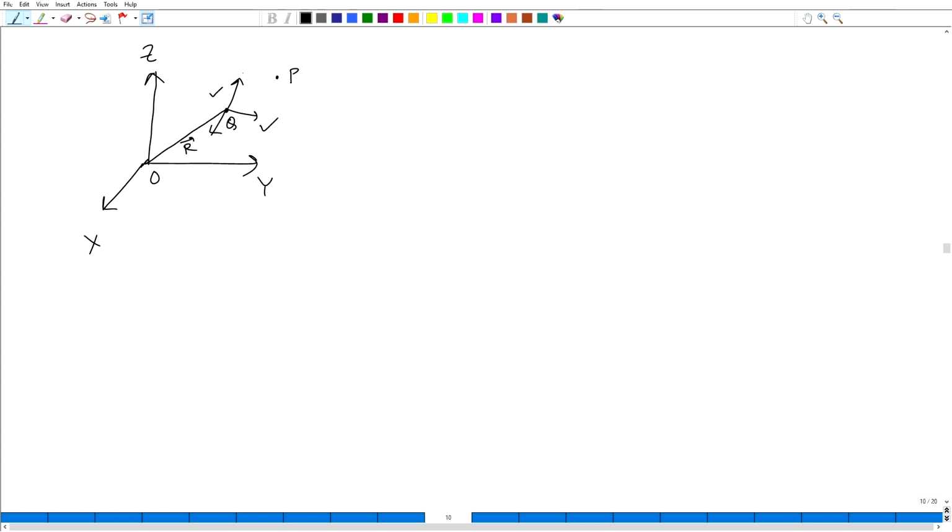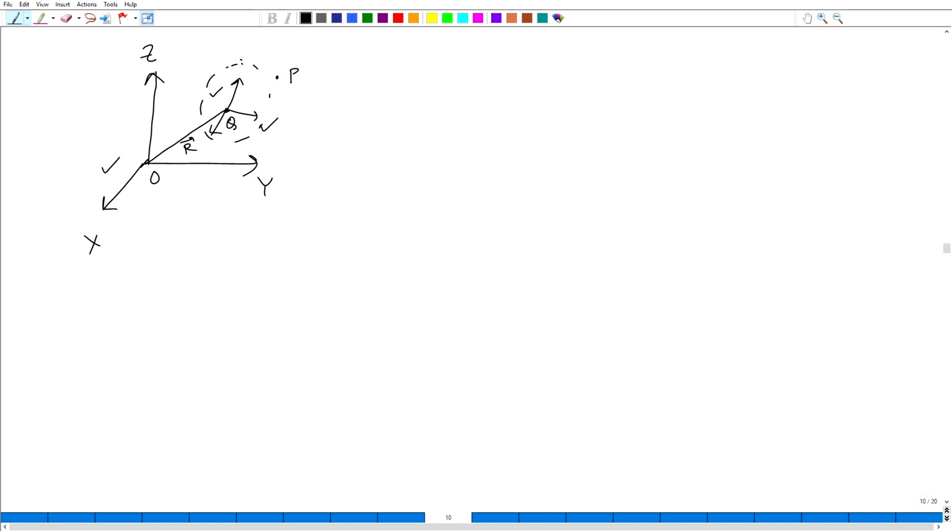Now, this second frame of reference is actually rotating with its origin making some arbitrary motion that we do not know, that may or may not accelerate with respect to this unprimed coordinate.